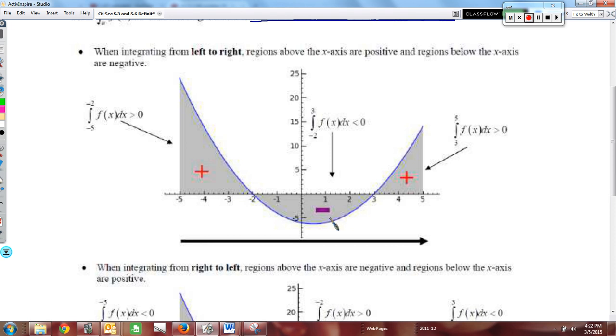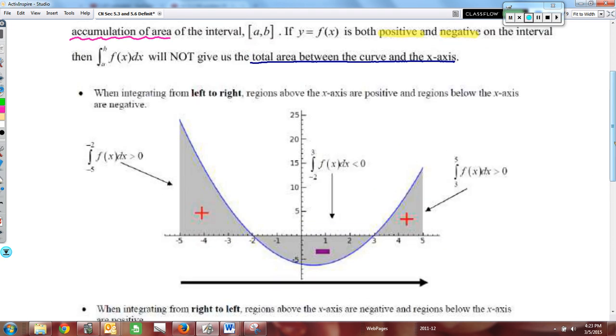However, the definite integral for the region from -5 to -2 is positive, from -2 to 3 is negative, and then this one would be positive. So the first thing is to recognize, if I ask you to calculate these definite integrals, how are they related to the area that you see? Are they going to be positive values or negative values?